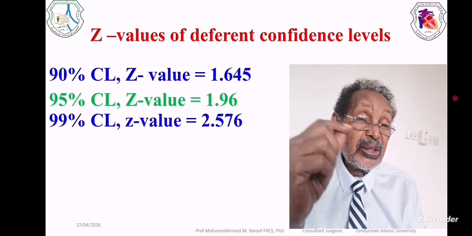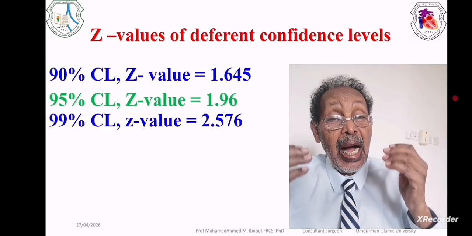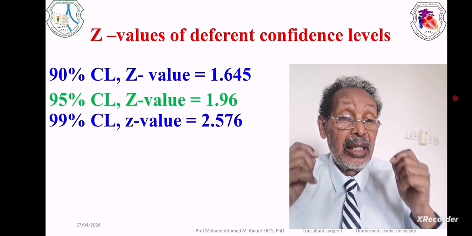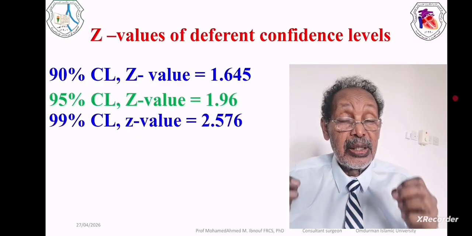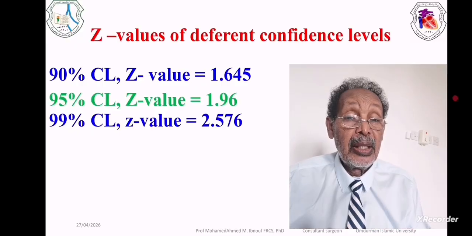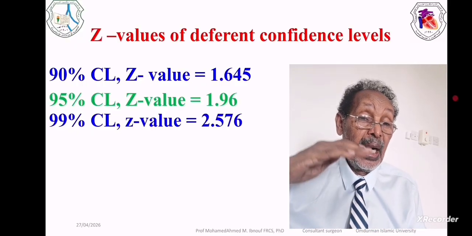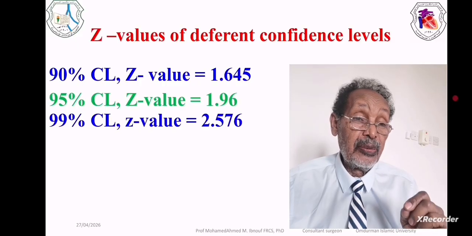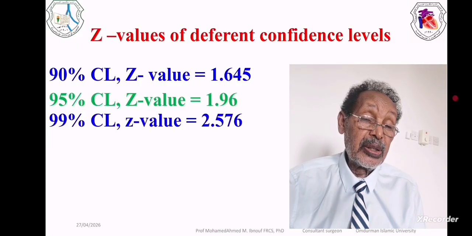And if we use a high confidence level, 99%, as in finance and drug research, then the z-value will also be high. It will be 2.576, more than the z-value of 95%, which is 1.96.